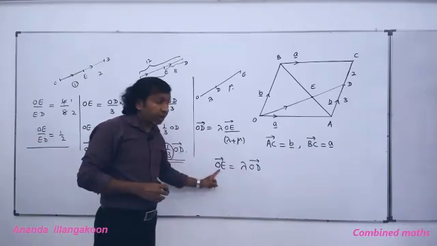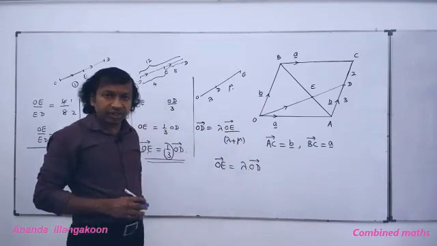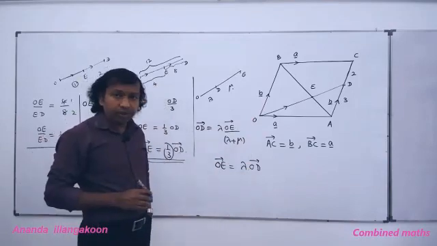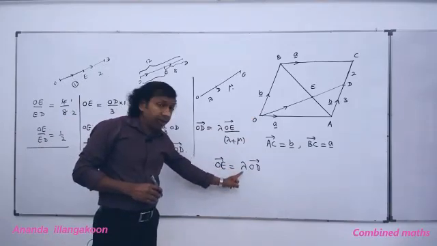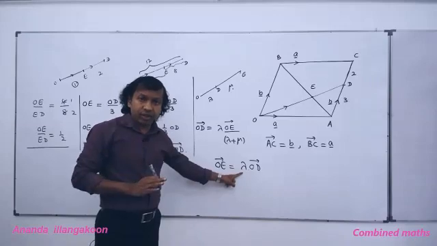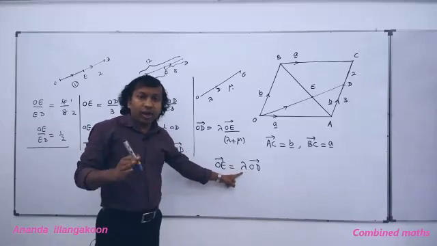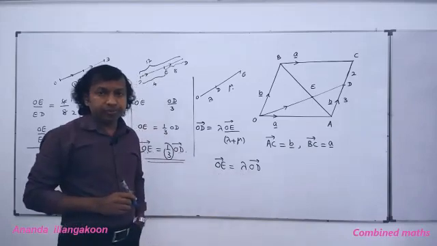OE is shorter than this OD. That's the reason. OE is shorter than OD. This way, a scalar comes here and that kind of scalar is really available. We can find such a scalar. Since we don't know that one, I take that as lambda. I think you agree with me.